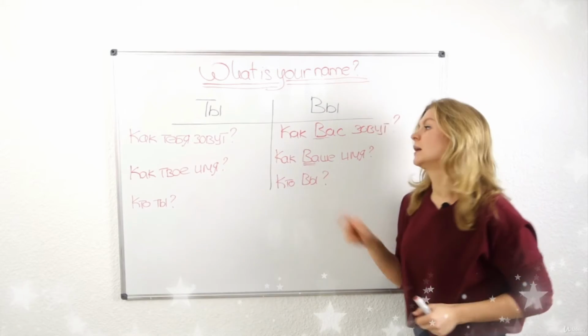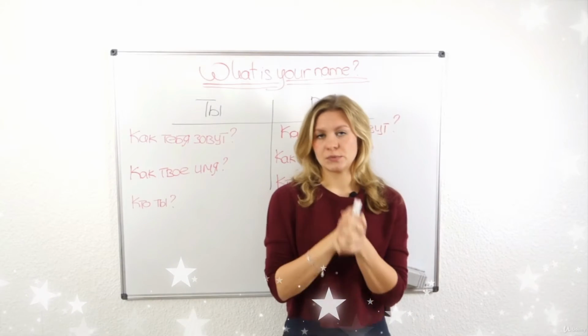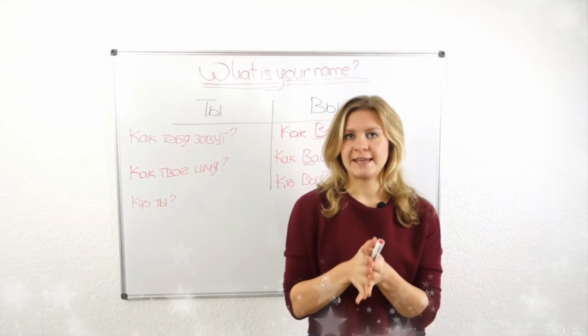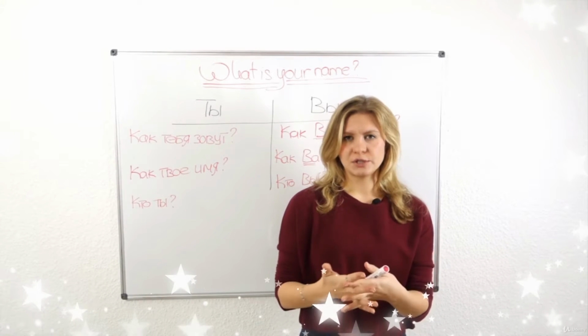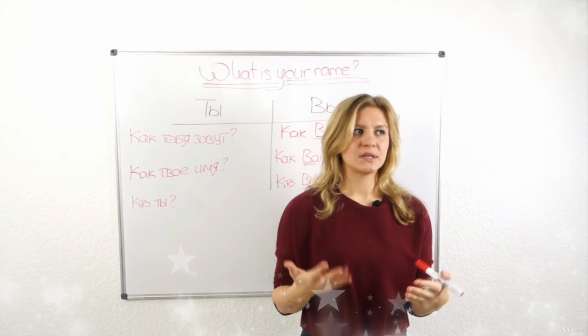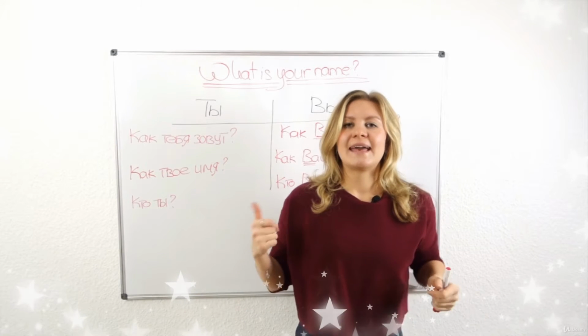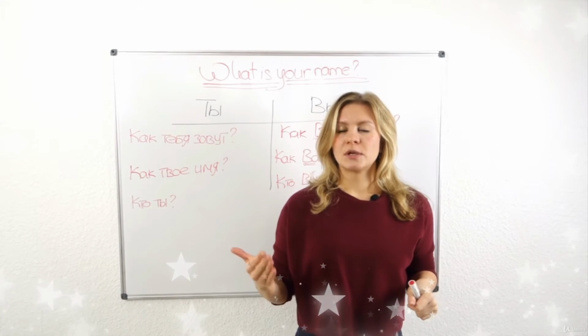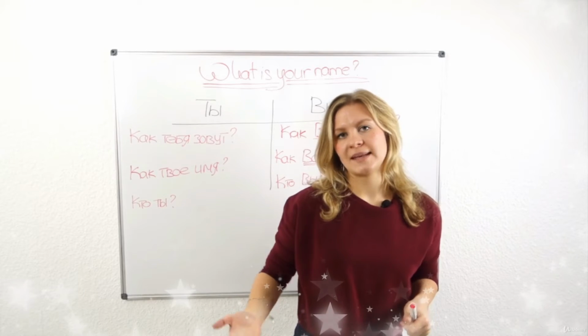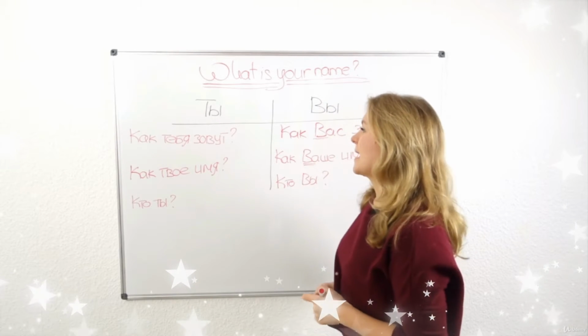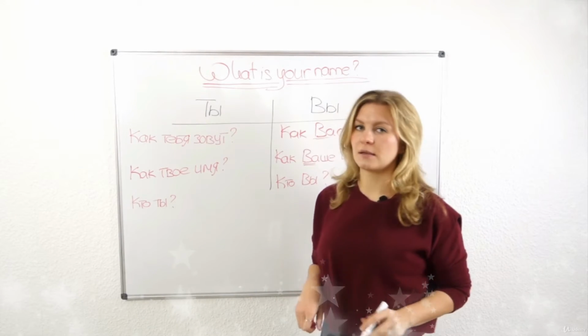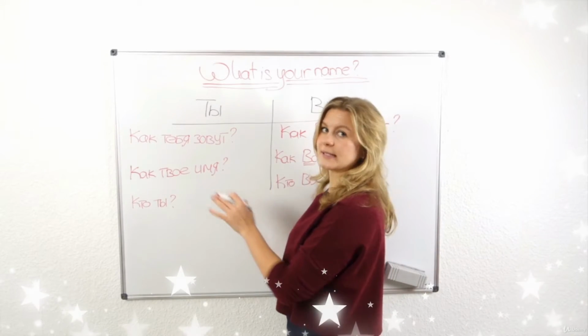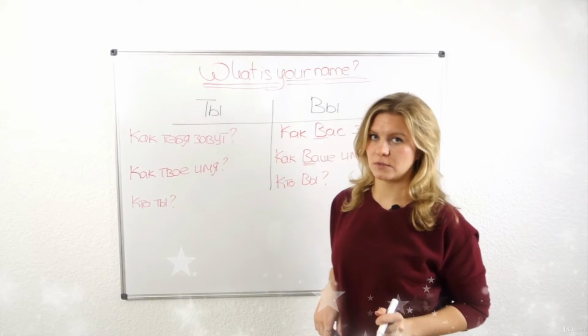Кто вы? I should also draw your attention to one fact. In Russian, we are in general a very polite culture. And it's very important to immediately ask back, and what is your name? You can do this using the following expression. For instance, someone asks you, как тебя зовут?